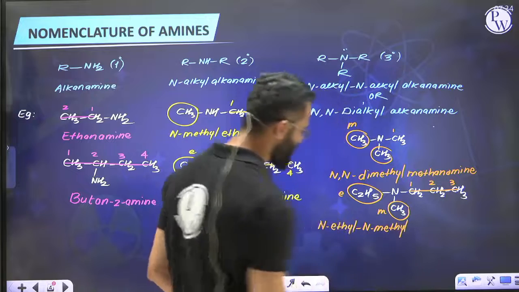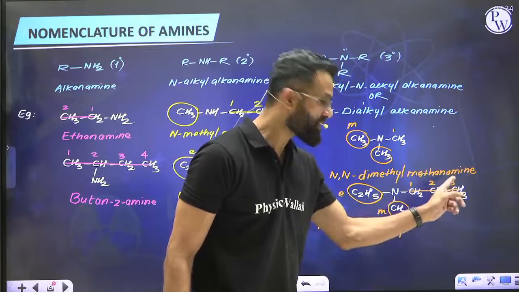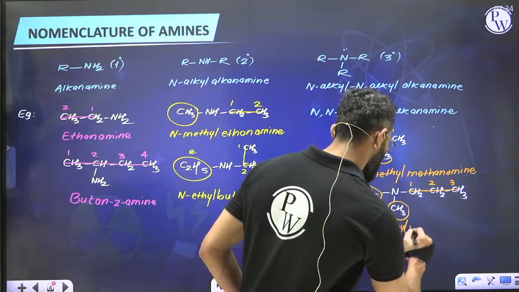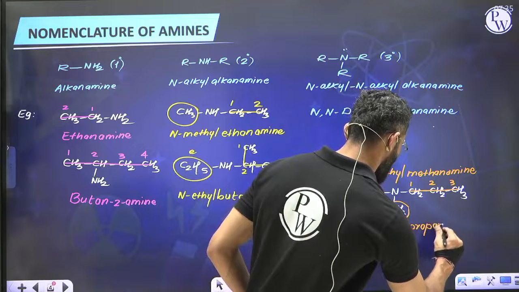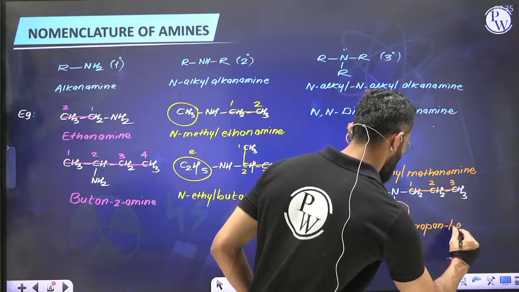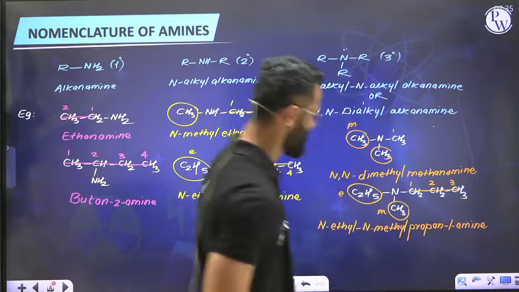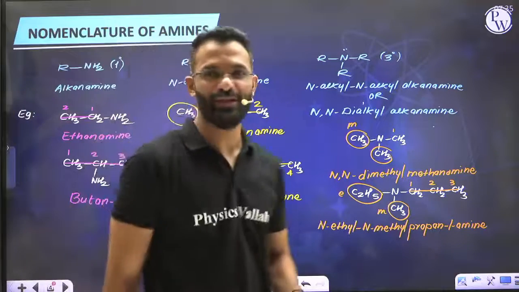N-ethyl, N-methyl, and then prop, carbon carbon single bond, propane amine, but amine is present at number 1, so you'll have to mention propane-1-amine. Alright everyone, so that's how the nomenclature of amines is done.